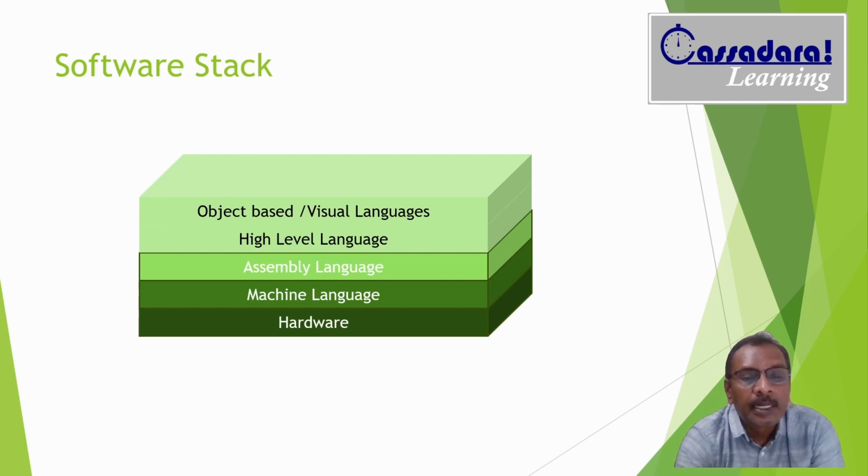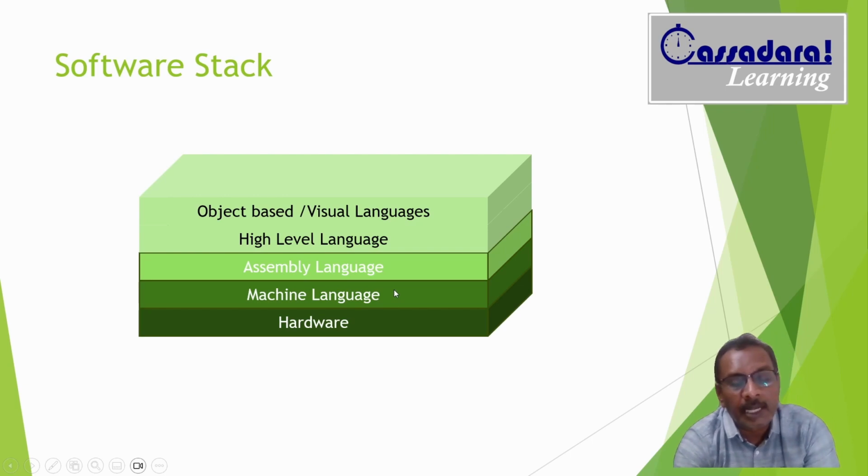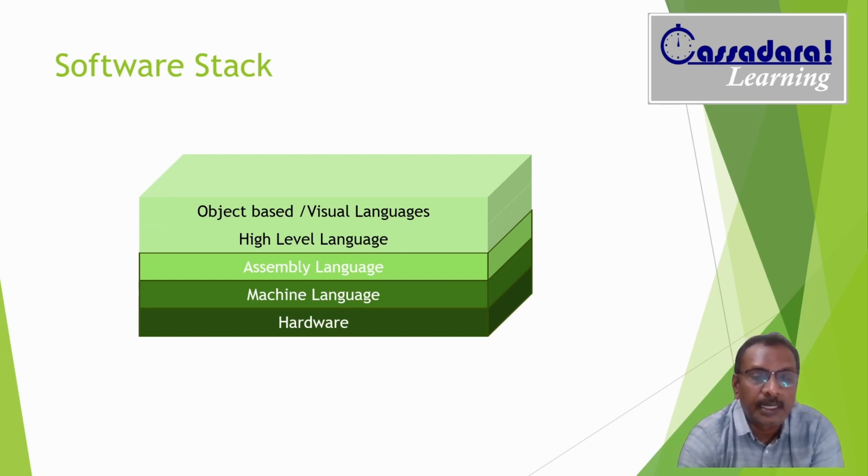It is compiled and then converted into a low level assembly language, and then again converted to the machine language, which can be directly understood by the hardware, and it takes the ones and zeros and processes them. So this is how we layer the software in hierarchy.